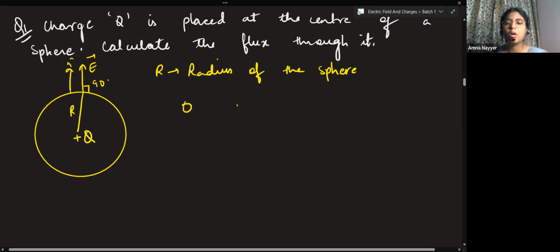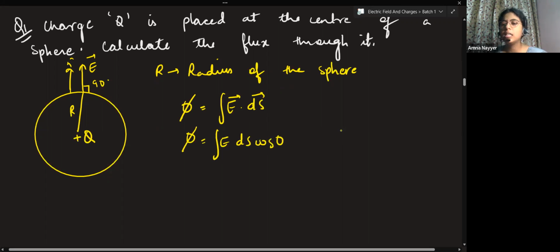So phi is what? Phi is the closed integral of E dot ds. That's what we have seen. Even if you open this, E ds cos theta, theta is what? Theta is 0 degrees. So cos 0 will be 1. So phi will be the closed integral of E ds.